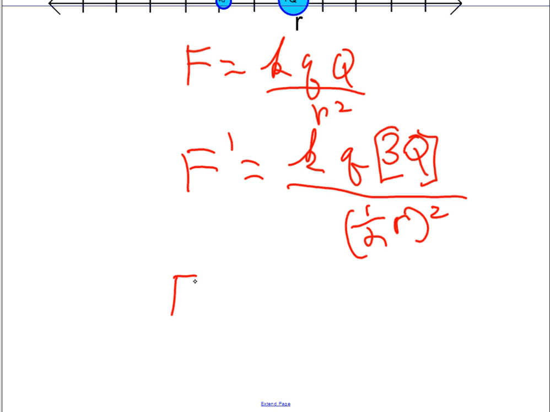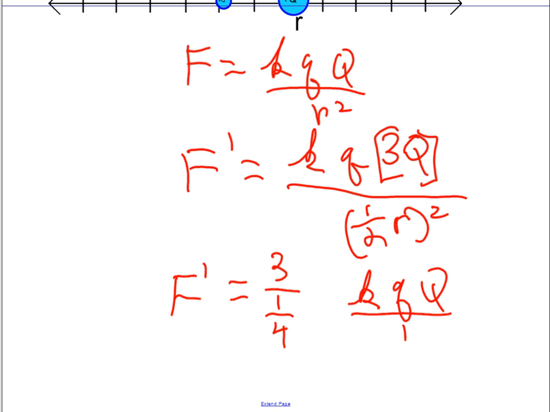And so the new force between them is going to be 3 divided by 1/4, that's 1/2 squared, k Q q over r squared, which tells you it's 12 times what it was originally.